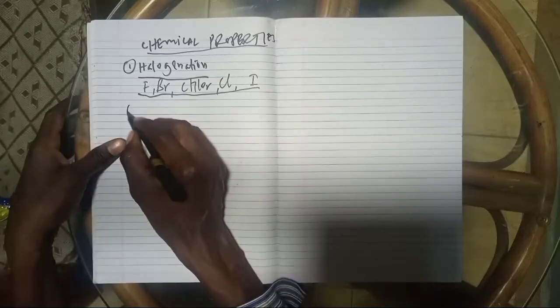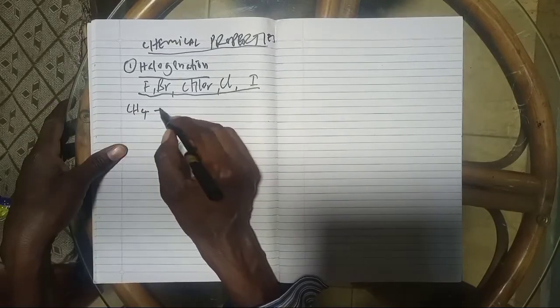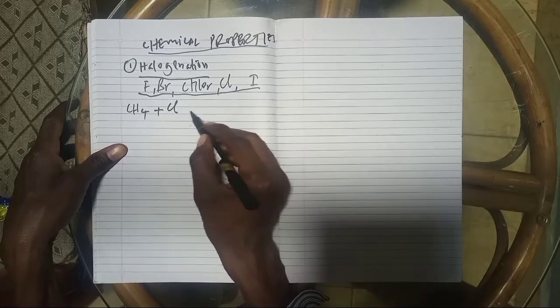Example, if we have methane and we add chlorine under catalyst, there must be a catalyst.